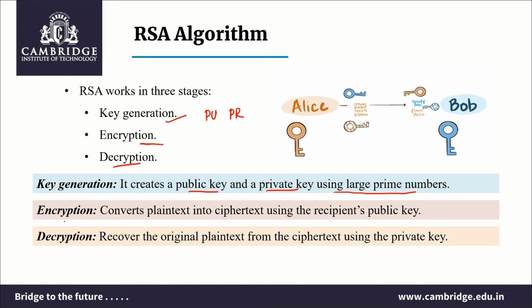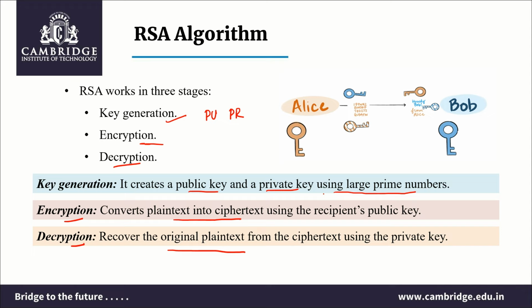Encryption is the process of converting plain text into ciphertext, and decryption is the process of recovering the original plain text from the ciphertext. We use two different keys for these two purposes. As we are using asymmetric cryptography, we use the public key for encryption and the private key for decryption.